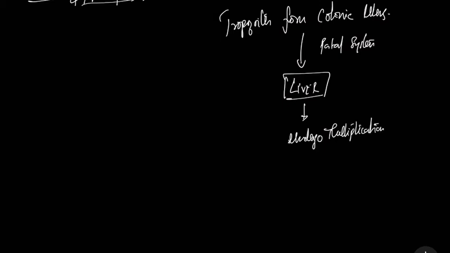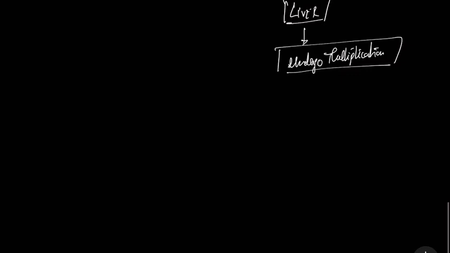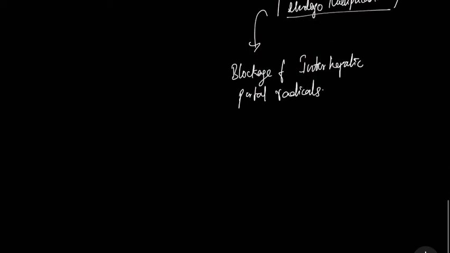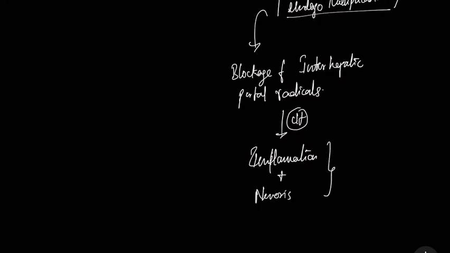Okay, so these trophozoites start multiplying in the liver, and here the amoebas start blocking the intrahepatic portal radicals. All right, there is blockage of the intrahepatic portal radicals, which leads to inflammation and necrosis of the hepatic parenchyma.